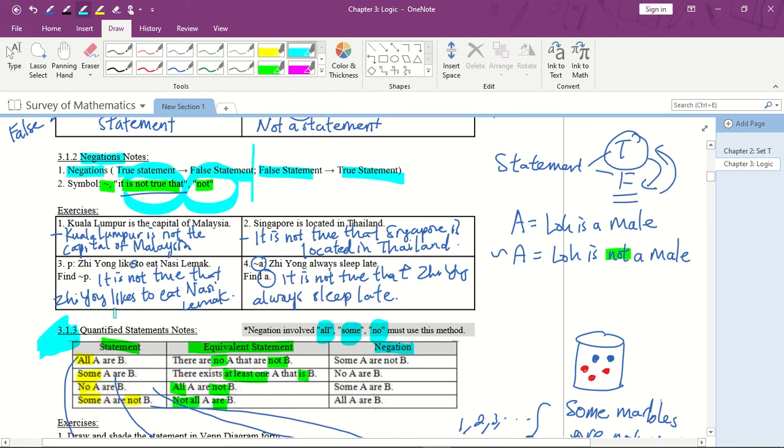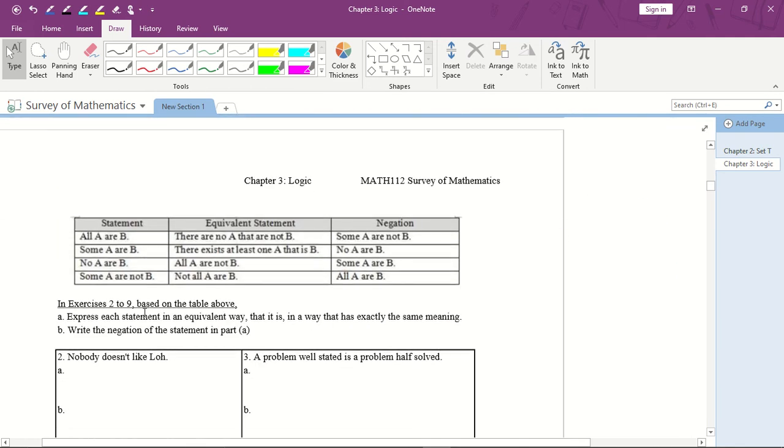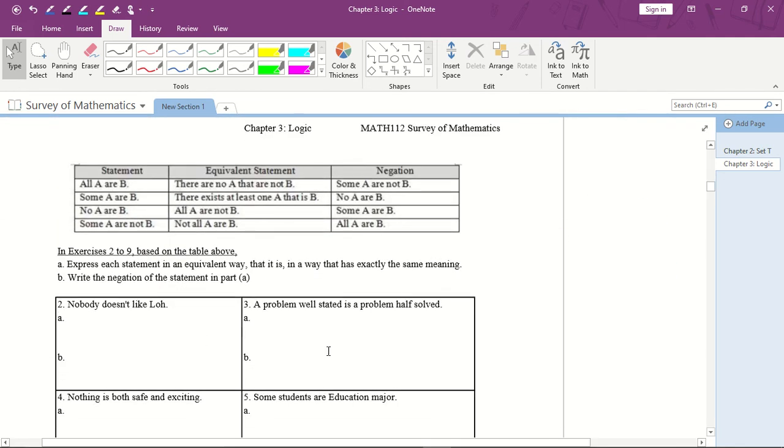Okay, so let's look at the questions here. I've put the same table here, and these are all the statements that we need to express in an equivalent way for section A, and we need to write the negation for section B. Now give yourself 10 minutes to look at this table and try to remember some keywords here.